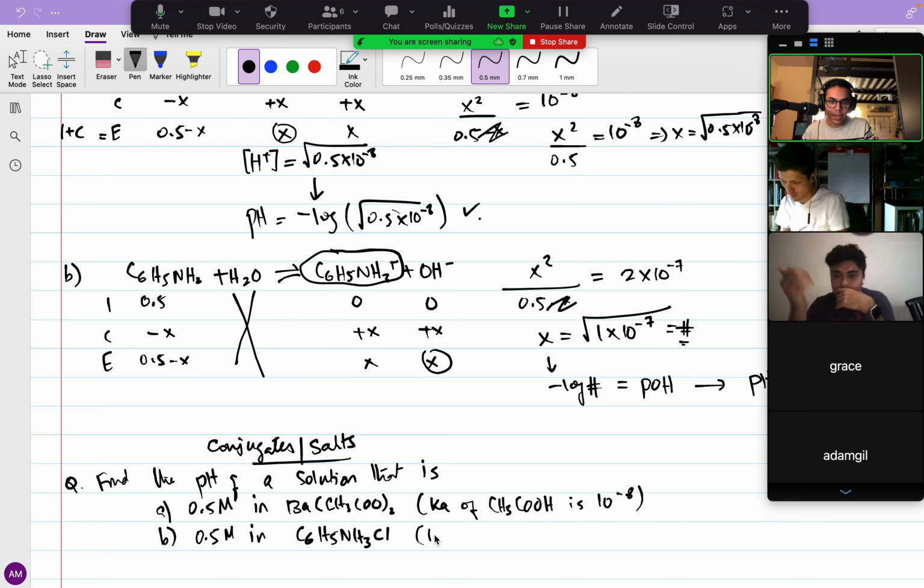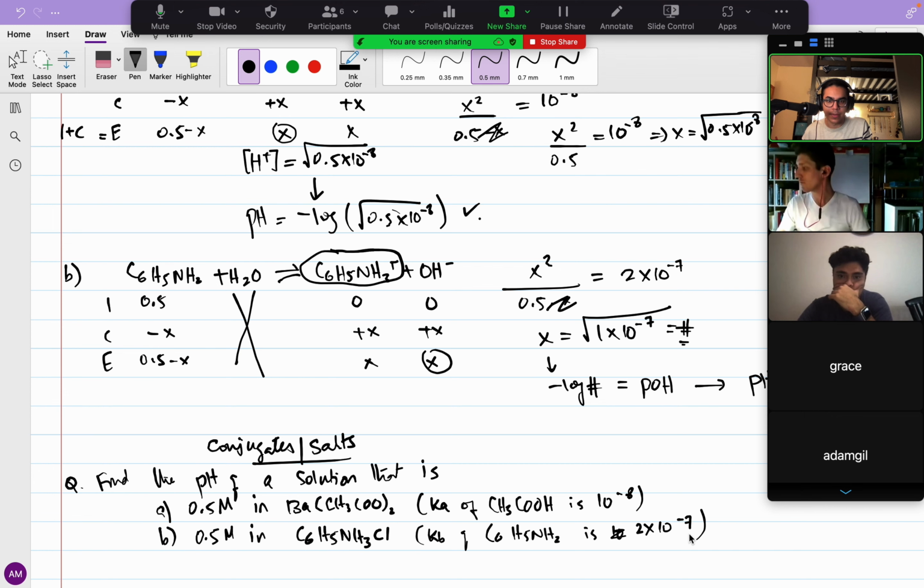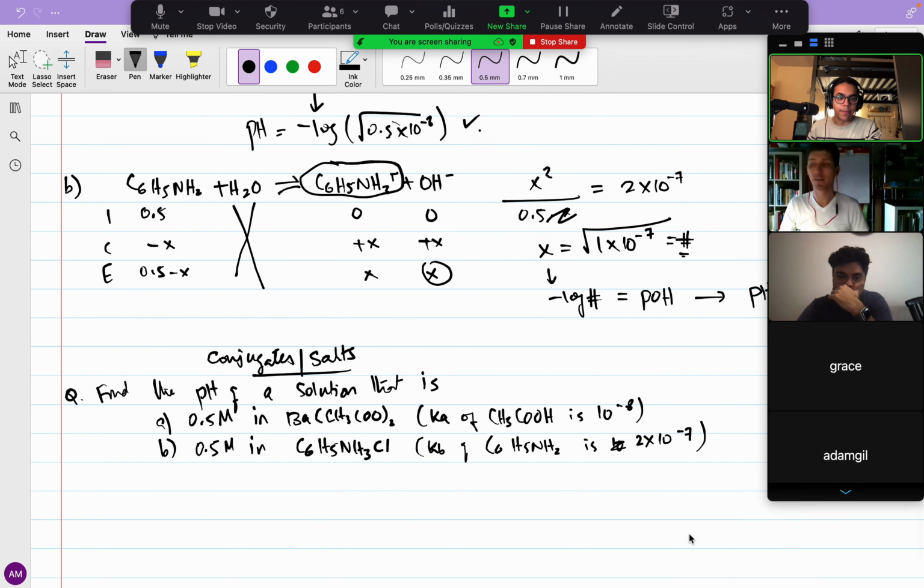And then down here, Kb of C6H5NH2 is what it was before, 2 times 10 to the negative 7. Okay, so this is like the flip question.